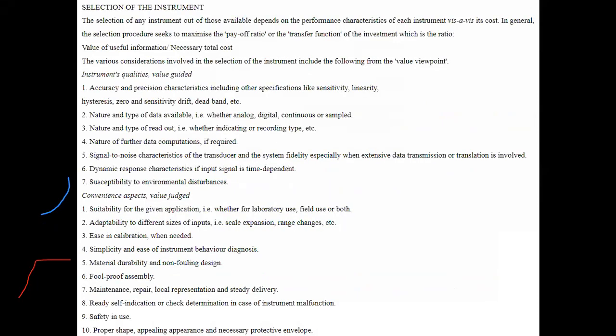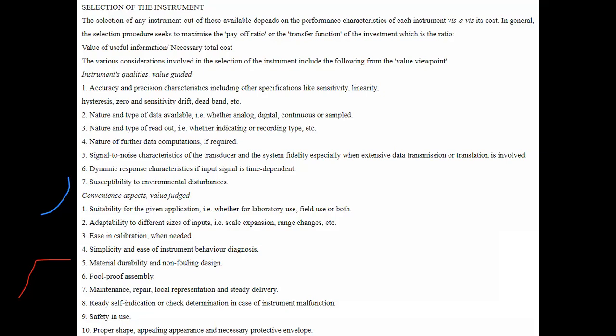Therefore, how to select the instrument? The various considerations involved in the selection of the instrument include the following from the value viewpoint, that is, instrument qualities value guided. First, accuracy and precision characteristics, including other specifications like sensitivity, linearity, hysteresis, zero and sensitivity drift, deadband, etc. Second, nature and type of data available, that is whether analog, digital, continuous, or sampled.